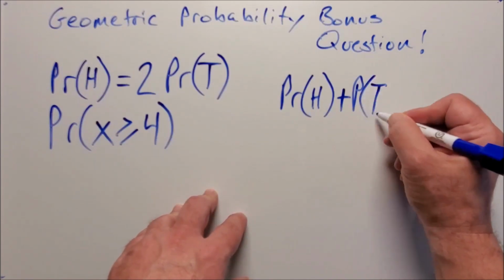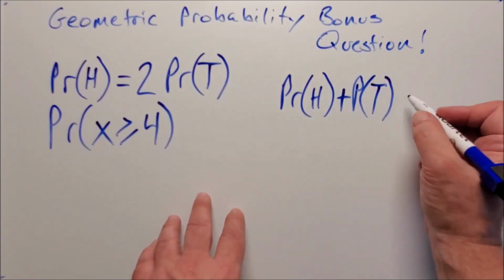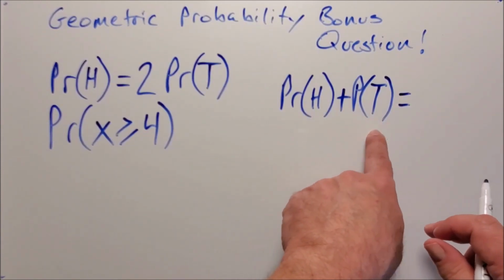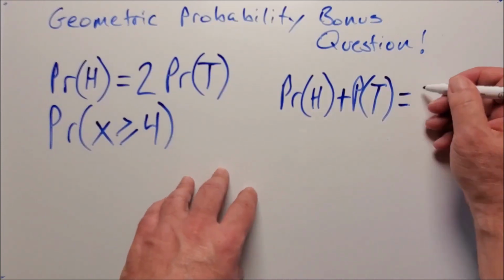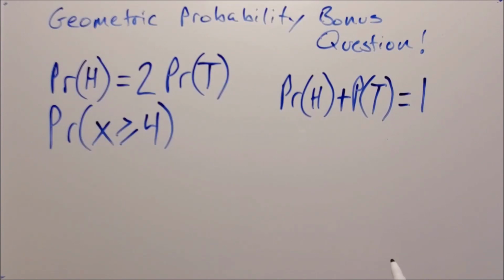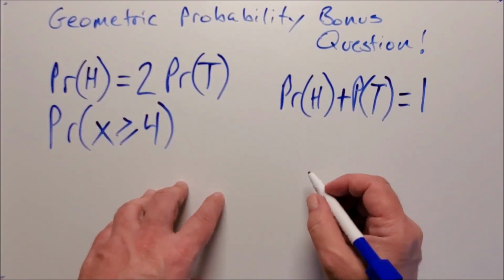Tails we can think of as heads complement. We could think of heads as tails complement in another setting too. Either way, for now we're going to look at it this way. The sum of these 2 probabilities must equal 1 because they make up the sample space. We also know that the probability of heads is equal to 2 times the probability of tails.